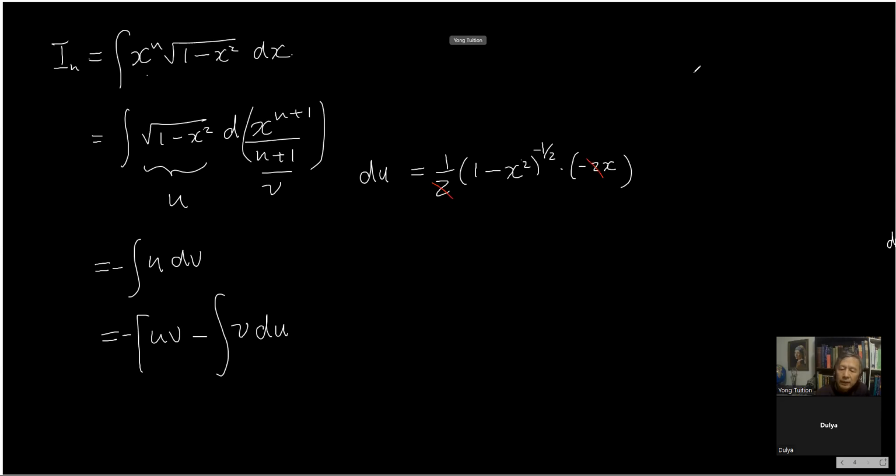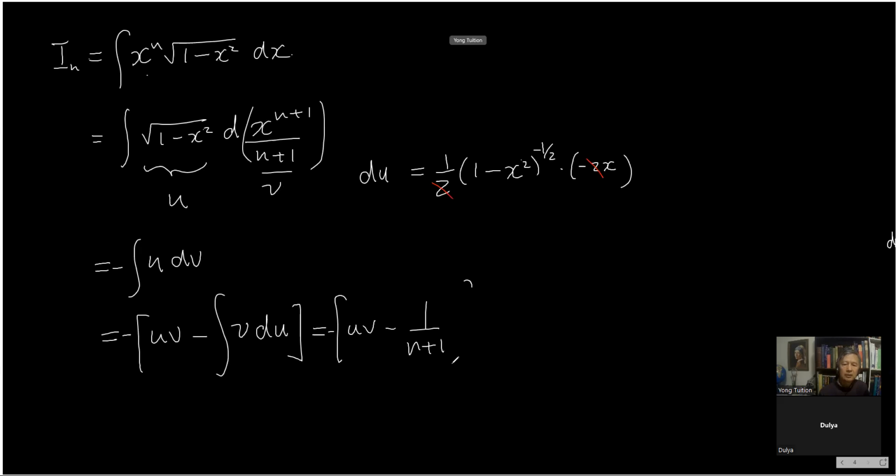If that's the way to go, can we just keep going for a while? So that is a negative, with the negative sign here. Here minus v, what is v? We put n minus 1 here, so we put n minus 1 in front and divide by n minus 1.